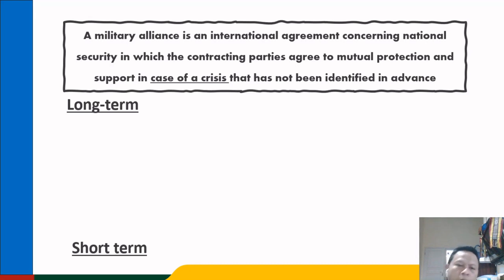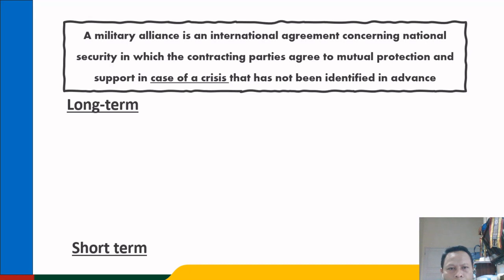And this is usually a long-term organization, long-term cooperation. Alliance is mainly created for a long-term process.